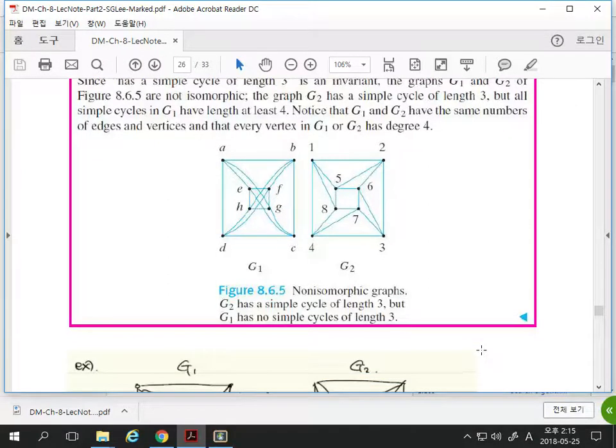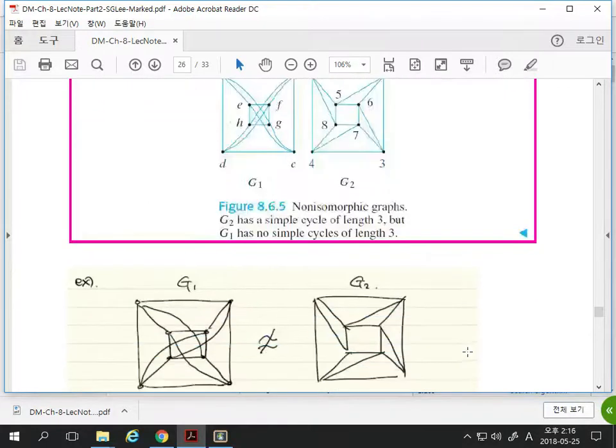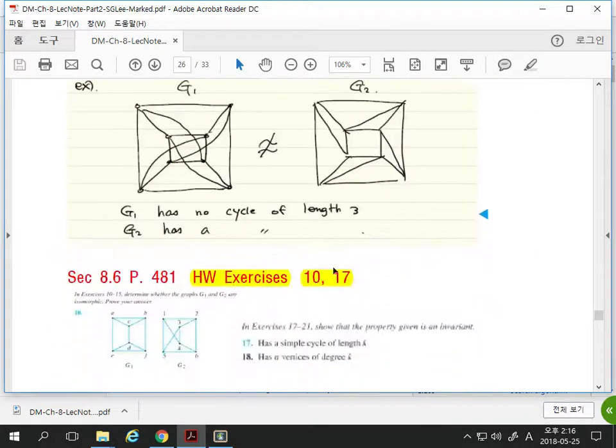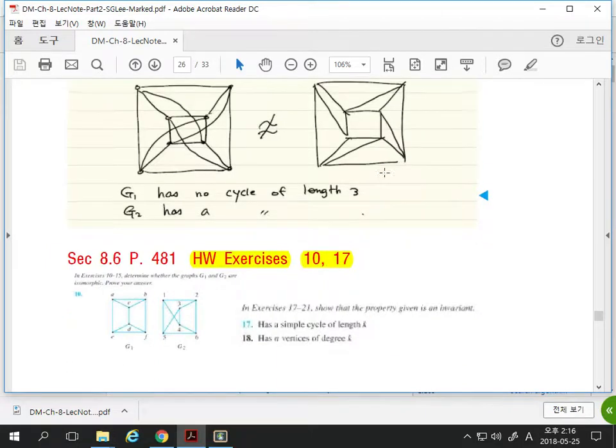So from those invariant properties of the isomorphic graphs, you can easily find it here. 여기서 보면 this G1 has no cycle of length 3, but this one has.